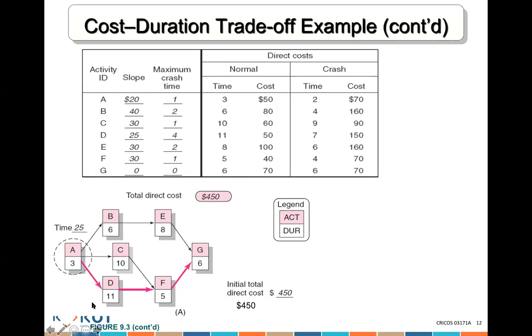Now, the first thing we need to do is we know that the project originally will take 25 days. Now what I want you to do is calculate all of these costs together. Add all of these combined and tell me what is the total for all of these.